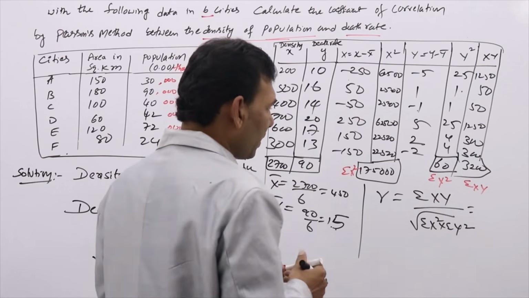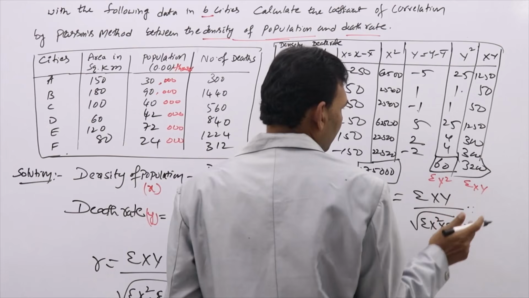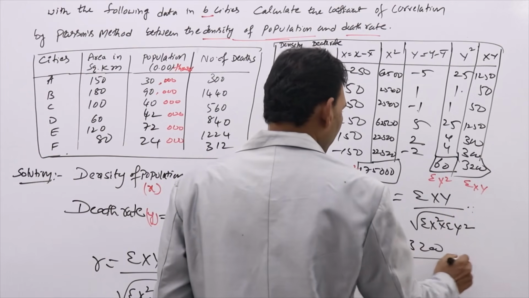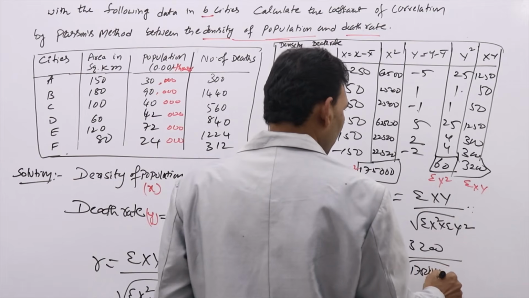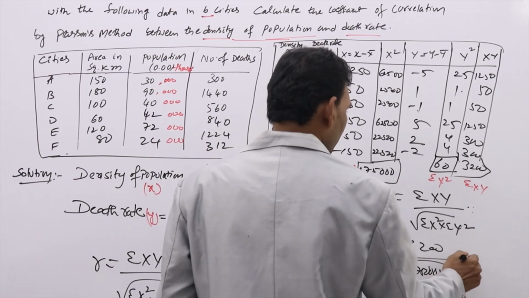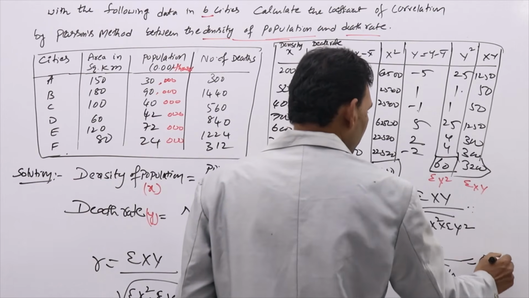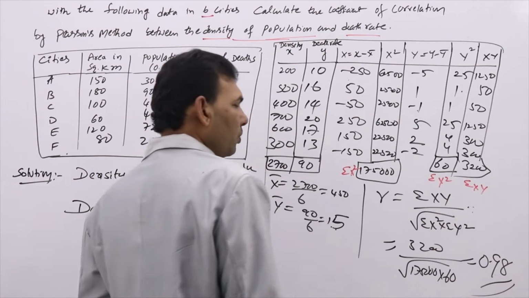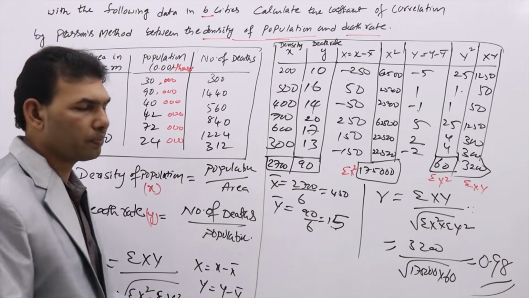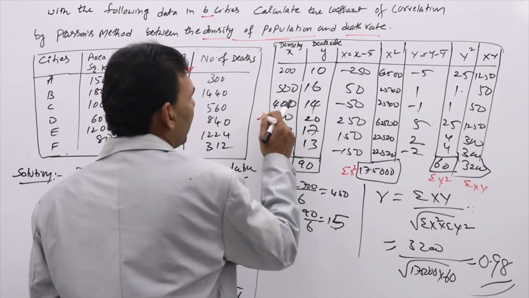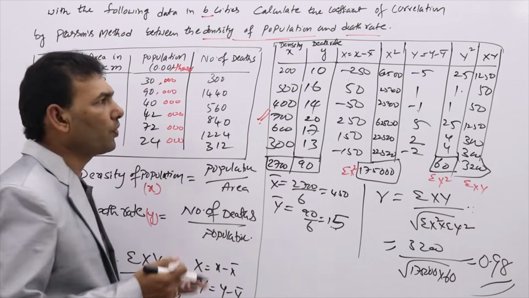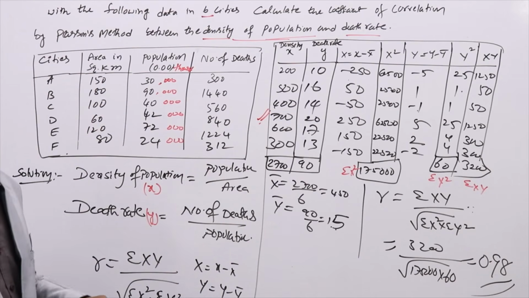So sigma xy is 3200 by 175,000 into 60. You will use your calculator to get r. Okay. Like this, you need to prepare this table. Here, the difficulty is preparing the table. If you can prepare the table, then easily you can find the correlation coefficient between given data.